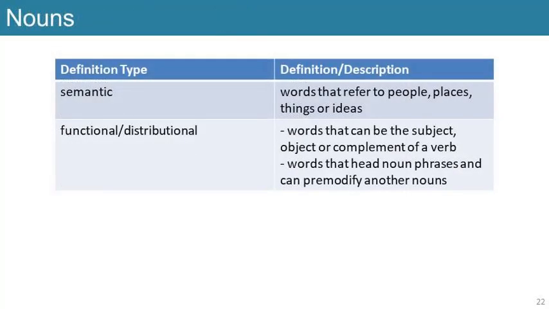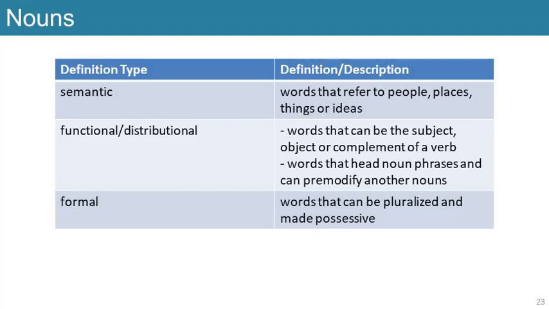The most common part of speech by far is the noun class. As we've seen above, nouns can be defined semantically as words that refer to people, places, things, or ideas. They can be defined functionally, distributionally, as a class of words that can be the subject, object, or complement of a verb. They are the head of noun phrases and can pre-modify other nouns, that is, function as an adjective.